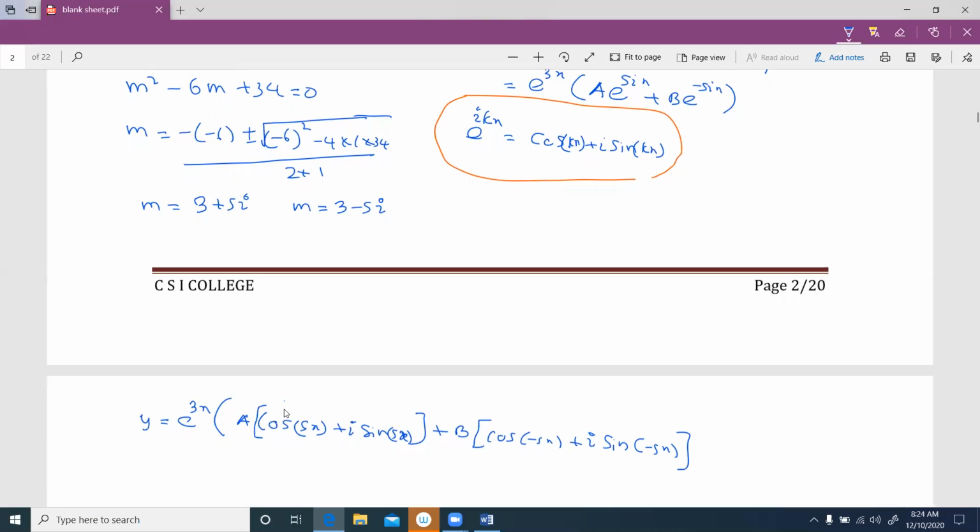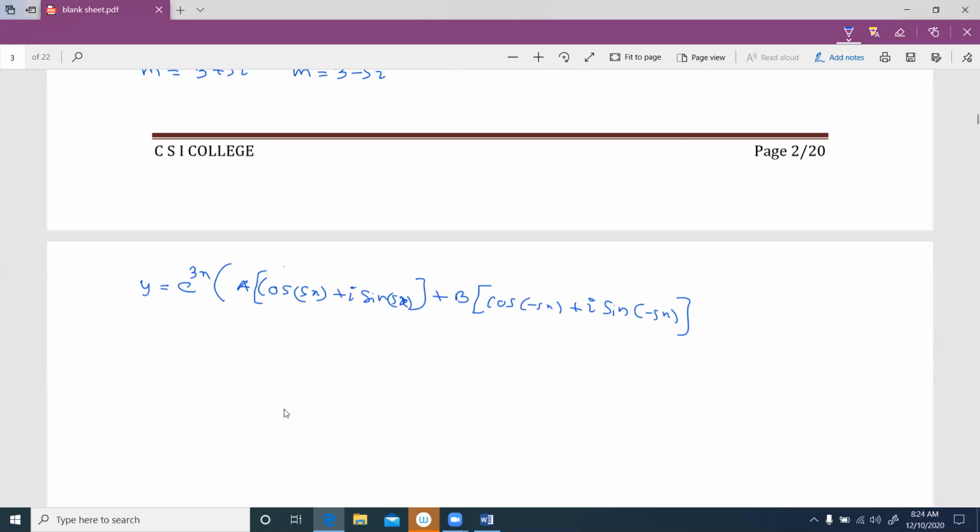So with this, if you simplify this, you can say y equals e to the power 3x. So this is a cos 5x plus ai sin 5x plus b cos 5x, because you know that cos minus x and cos x are the same, minus bi sin 5x.